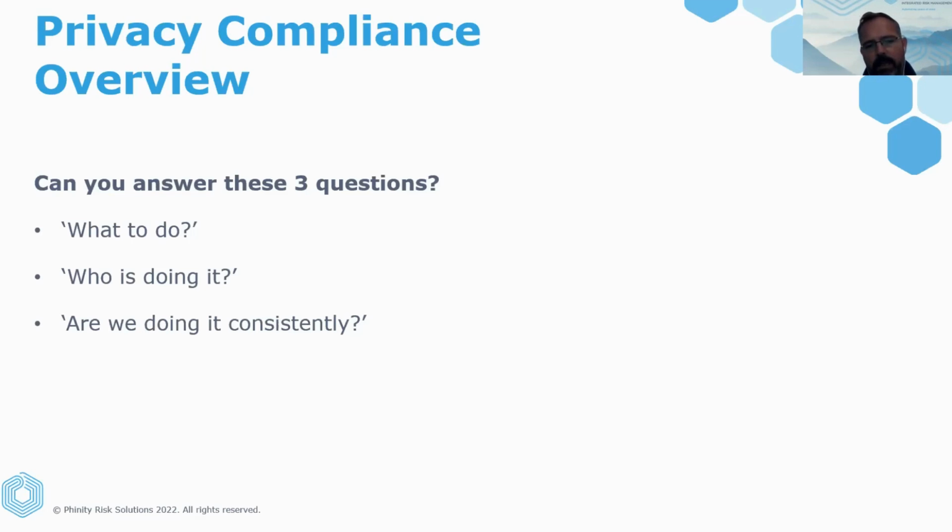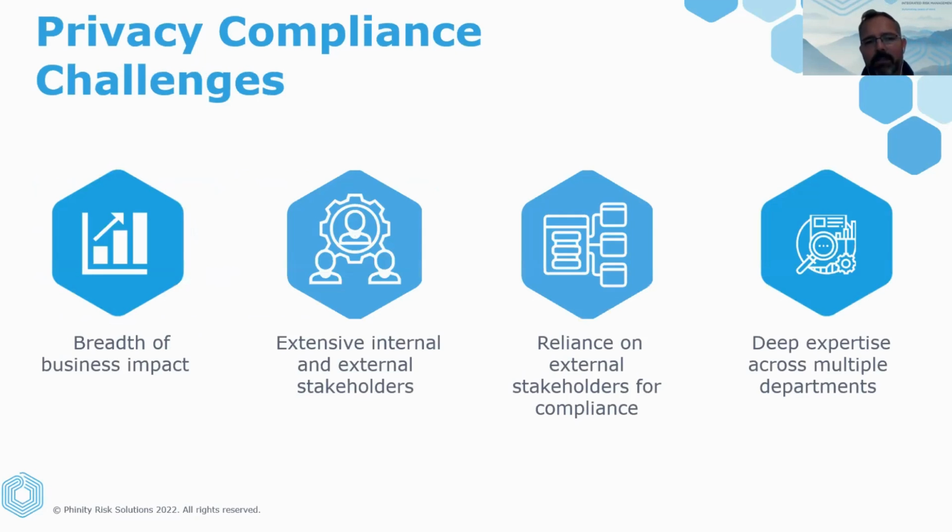And then hopefully during the actual demo, you'll get a sense of the actual RACI models that you could use within the way in which you're going to implement your privacy capability inside your organization. So let's talk about just some of the challenges. And I think this talks to pretty much any kind of framework or approach, whether it's information security or privacy or cybersecurity, but really the breadth of the business impact, because you really need to think about your business.